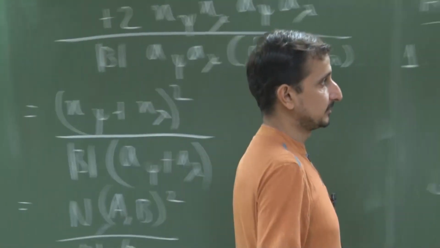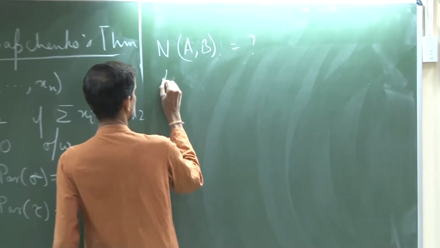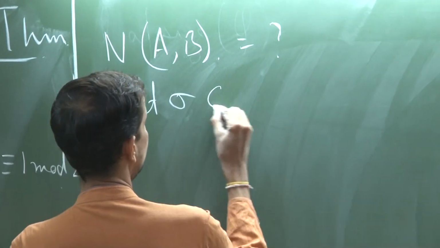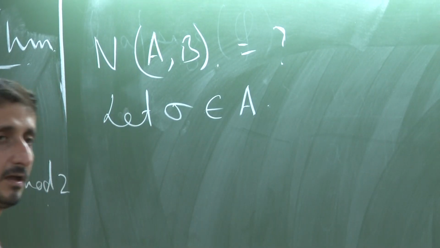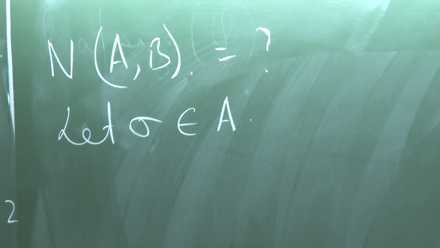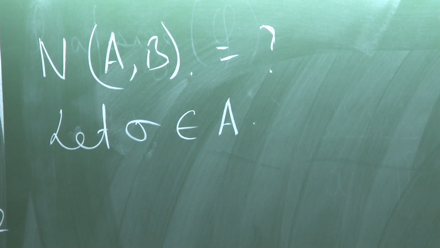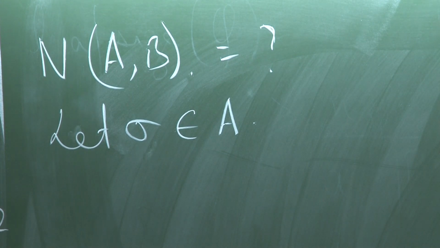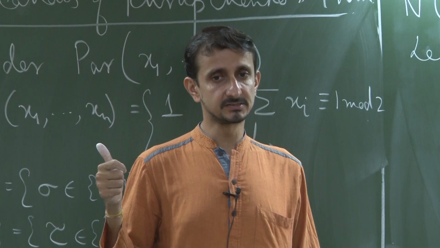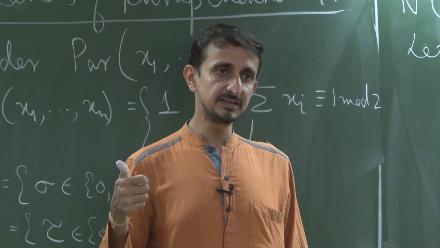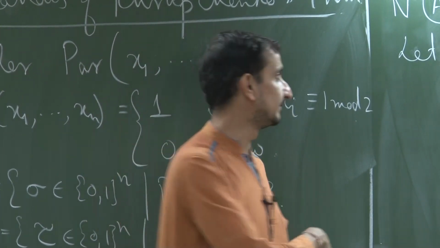So, let sigma belong to A. How many neighbors will it have which belong to B? N, because I can take any bit of sigma, and if I flip that bit, the parity changes, and because the parity changes, it goes to B.